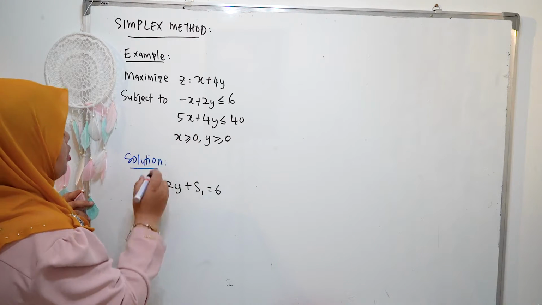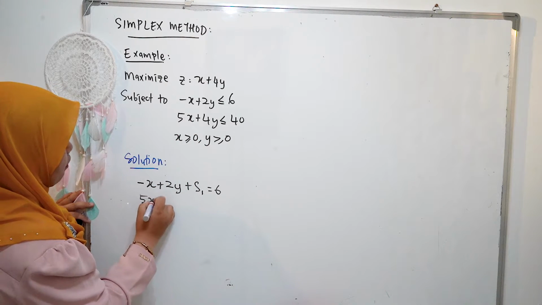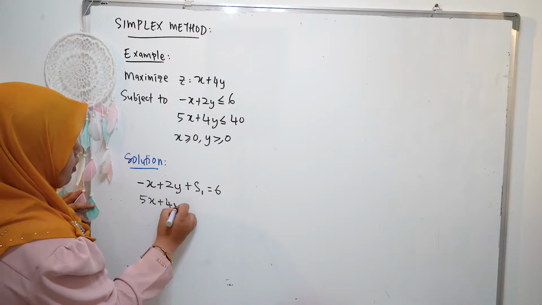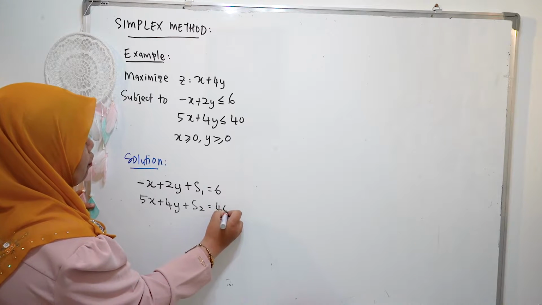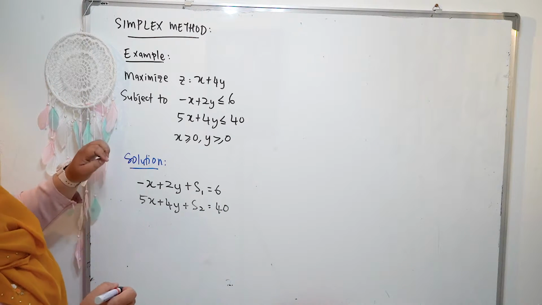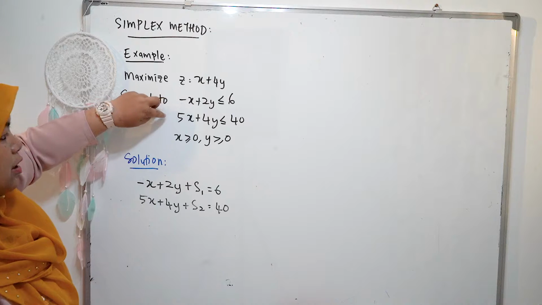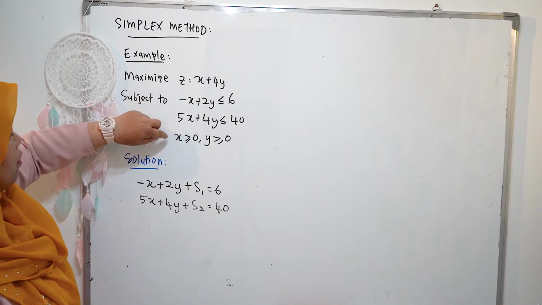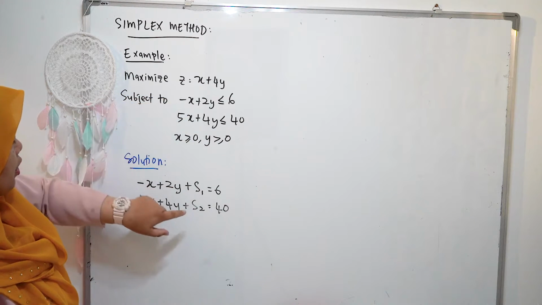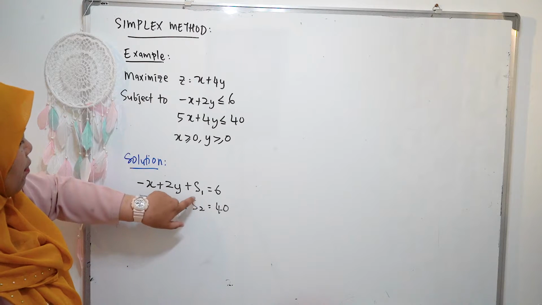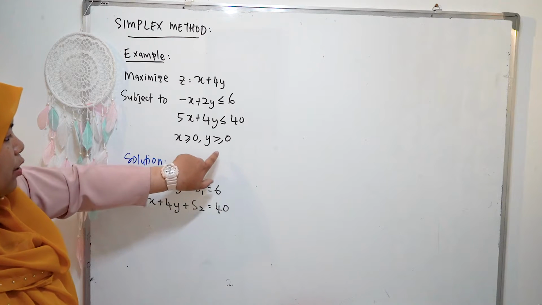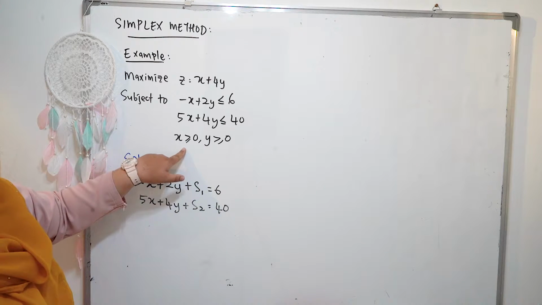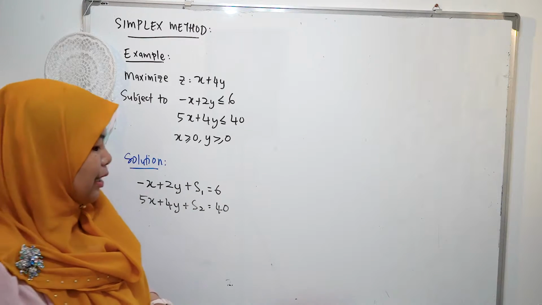Constraint number 2: 5x plus 4y plus s2 equals 40. We just convert these two into standard form by adding slack number 1 and slack number 2. For the constraint x, y greater than or equal to 0, there is no need to add a slack.